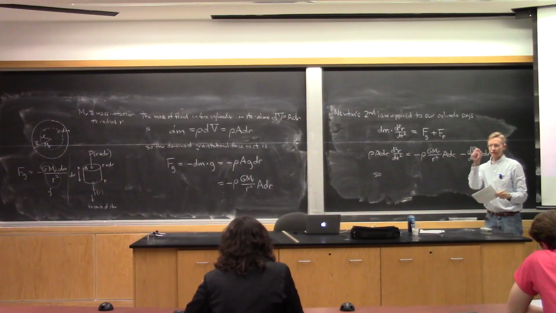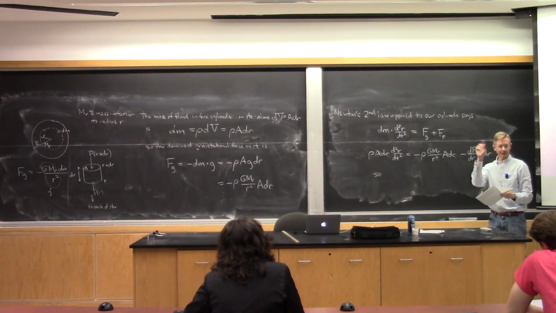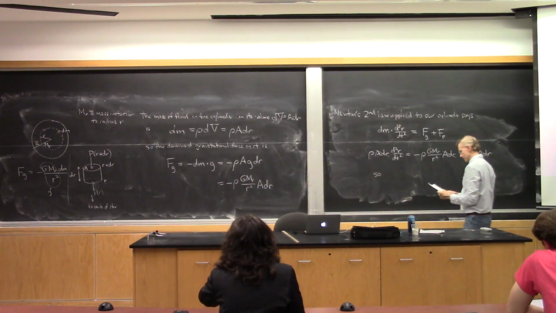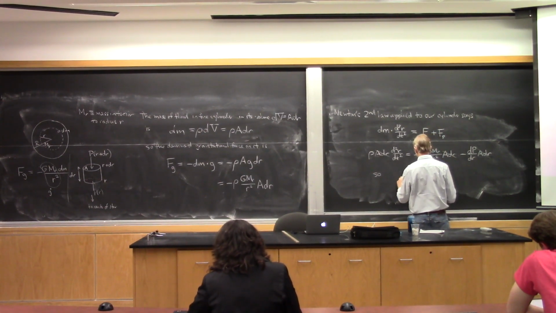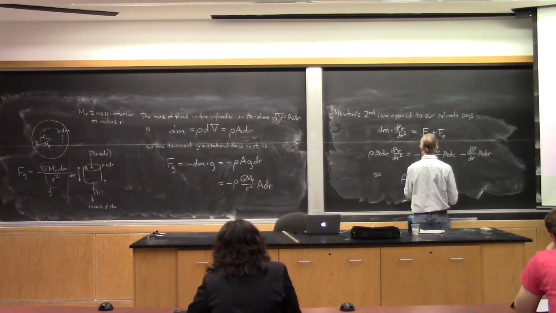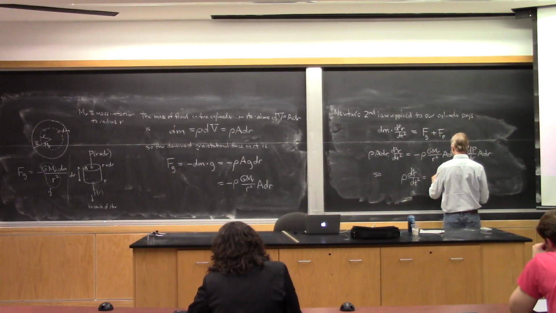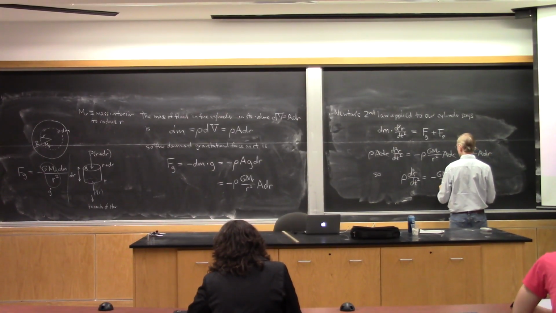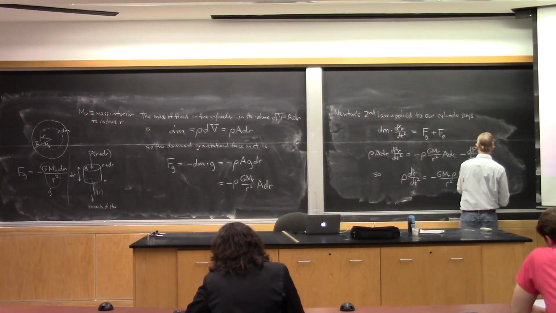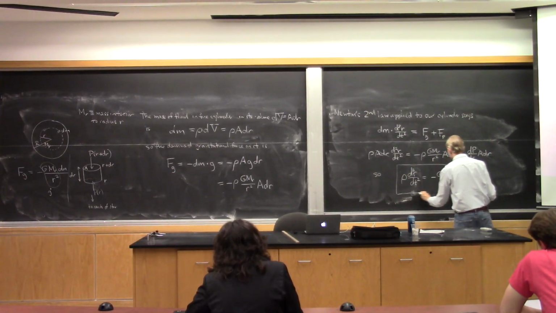Which is better, because it shouldn't depend on how big you made your cylinder or anything like that. This is just the general equation. So what we get is, gloriously enough, rho d squared r dt squared is equal to minus G m sub r rho over r squared minus dp dr. Ta-da!